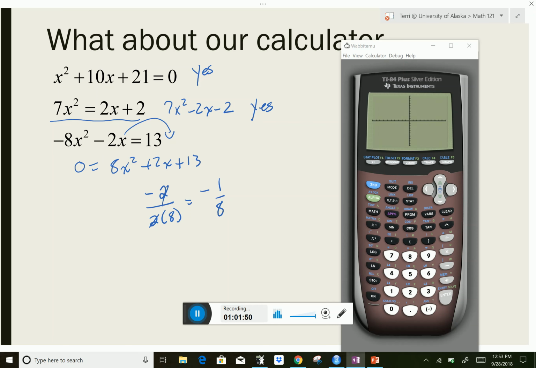But what we don't have is the height of that vertex. So since the vertex is going to be out here, and we know that it is a happy graph, then the vertex could be way up here, for example, or way down here.